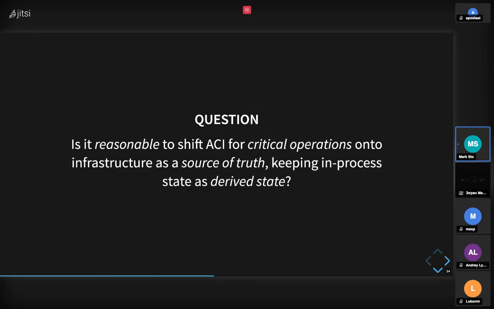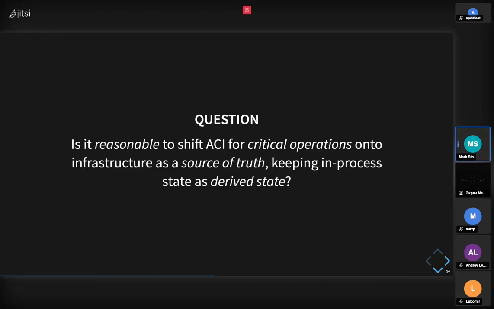Here I use the word reasonable. By this I mean, literally, given the existing architectural constraints of our system, like complexity, latency, throughput volume, and the nature of in-process state and its invariance.